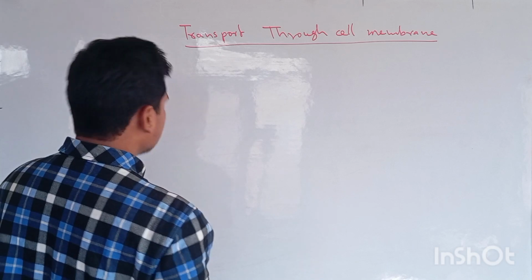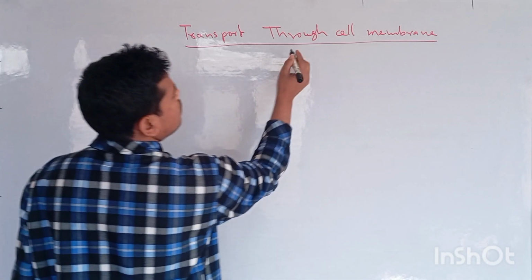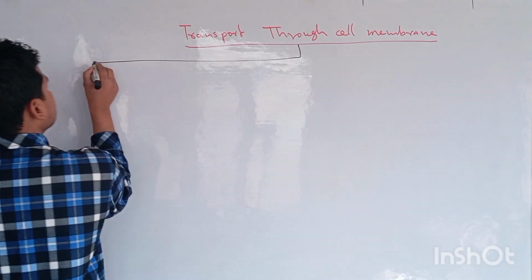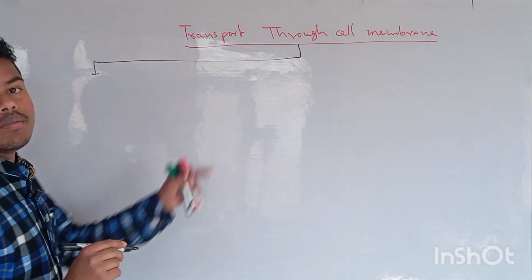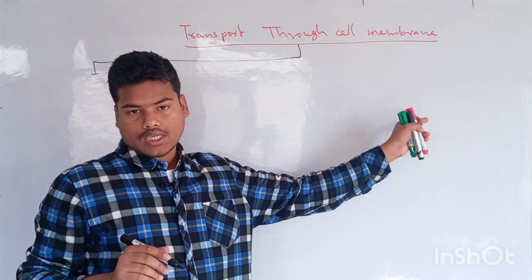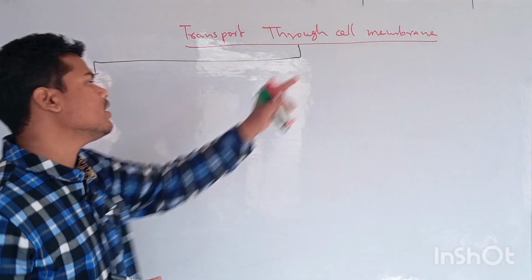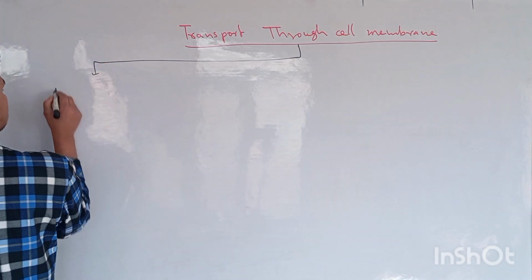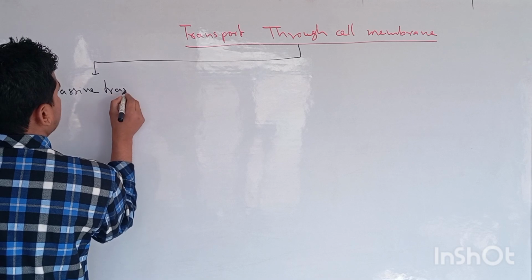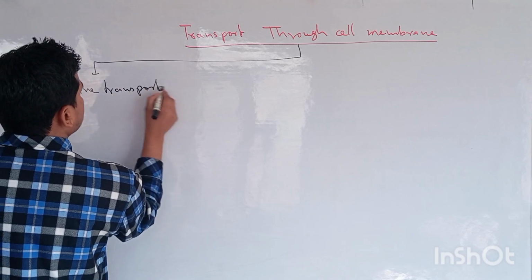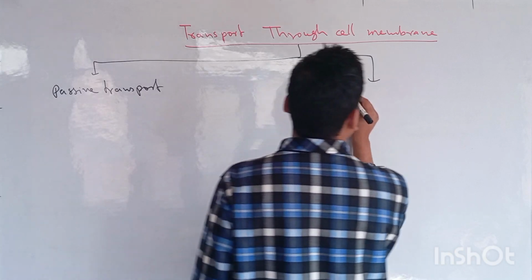So in transport, first of all, let's classify the transport mechanisms across the cell membrane. There are mainly two types of transportation across the membrane: passive transport and active transport.